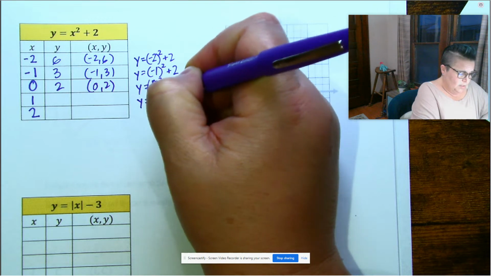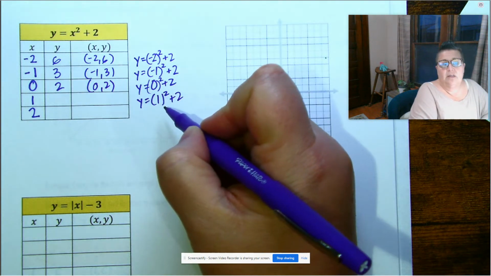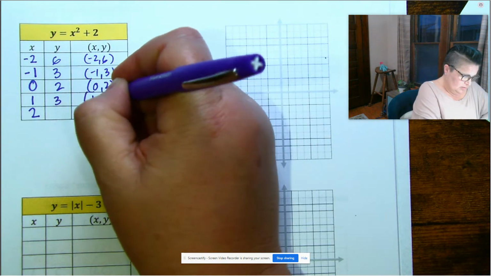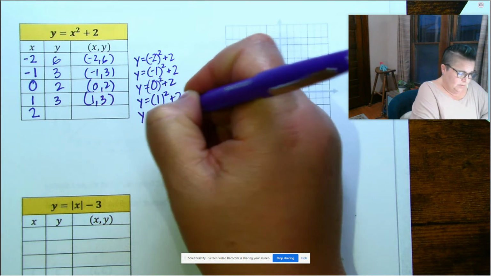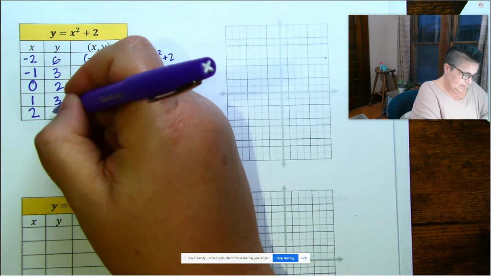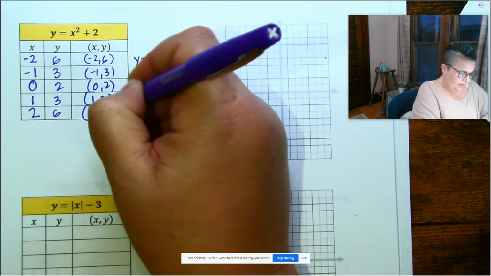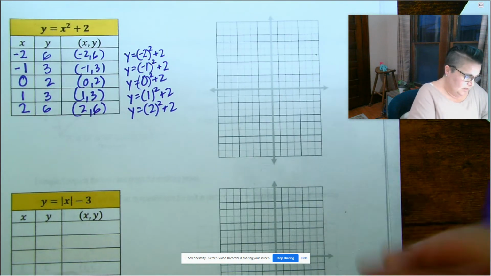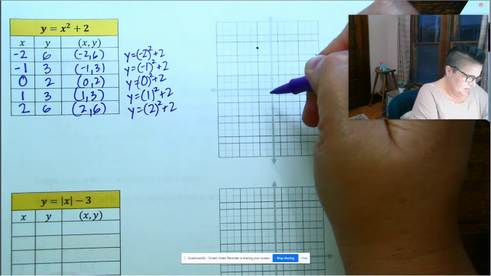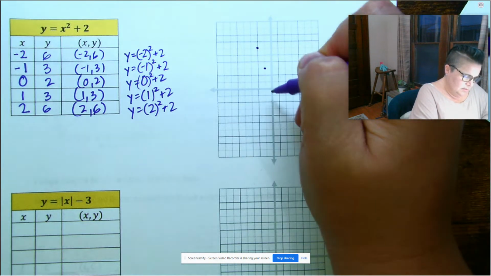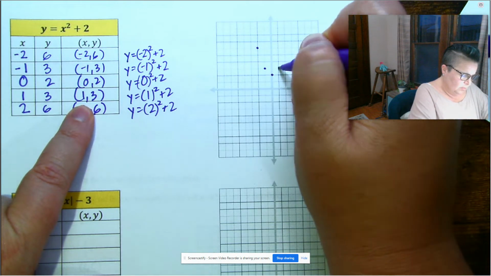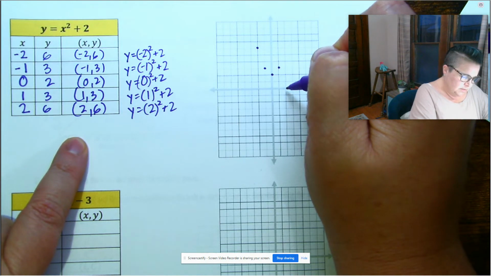Y is equal to 1 squared plus 2. That's 1 times 1, which is 1, plus 2, which is 3. And then we have y is equal to 2 squared plus 2. 2 times 2 is 4, plus 2 is 6, giving us the point 2, 6. Now, let's see. -2, 6, -1, 3. Then I have 0, 2, 1, 3, 2, 6.